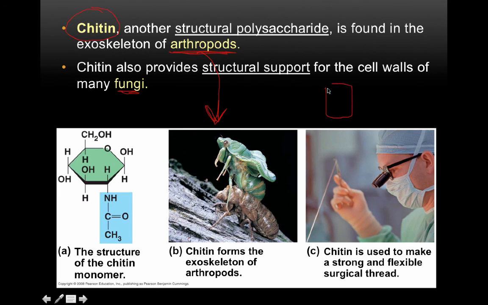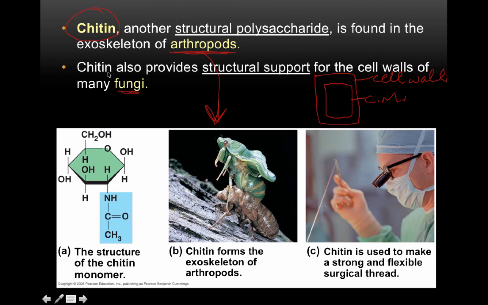Fungal cell walls, of course, exist outside the cell membrane. So a fungal cell will have a cell membrane, and then outside of that, it will have a rigid cell wall, similar to plants with their rigid cell wall. But whereas plants use cellulose in their cell walls, fungi use this different polysaccharide called chitin.